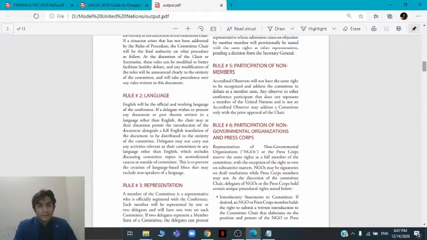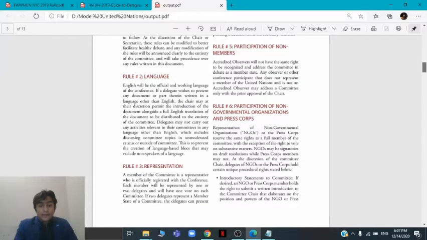The second requirement is that you must give the translation of that specific document or your speech in English to every delegate sitting in the committee. In unmoderated caucuses, you also have to speak in English and refrain from speaking any other language.